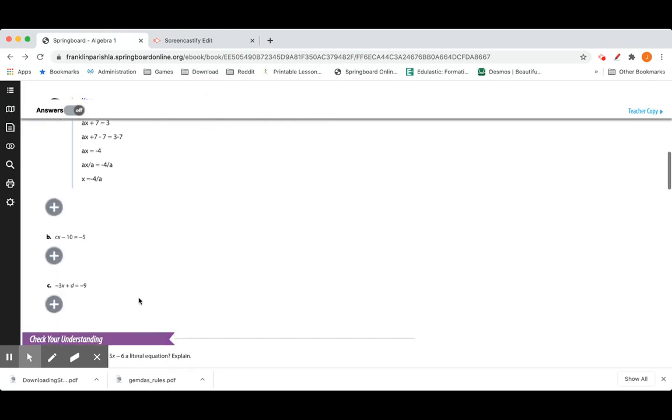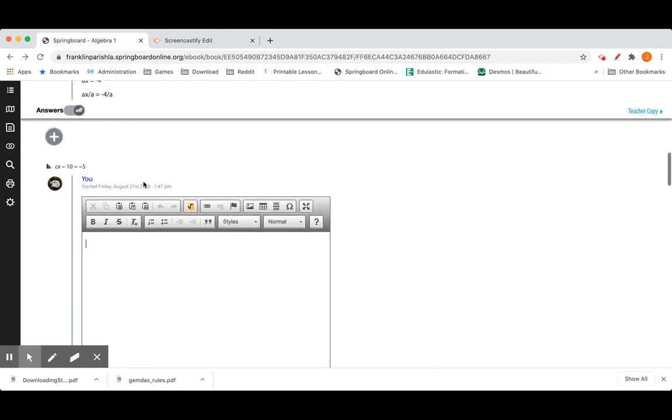B, cx minus 10 equals negative 5. So we do the same kind of processes. We're going to want to get the x by itself, so we're going to get rid of everything else.